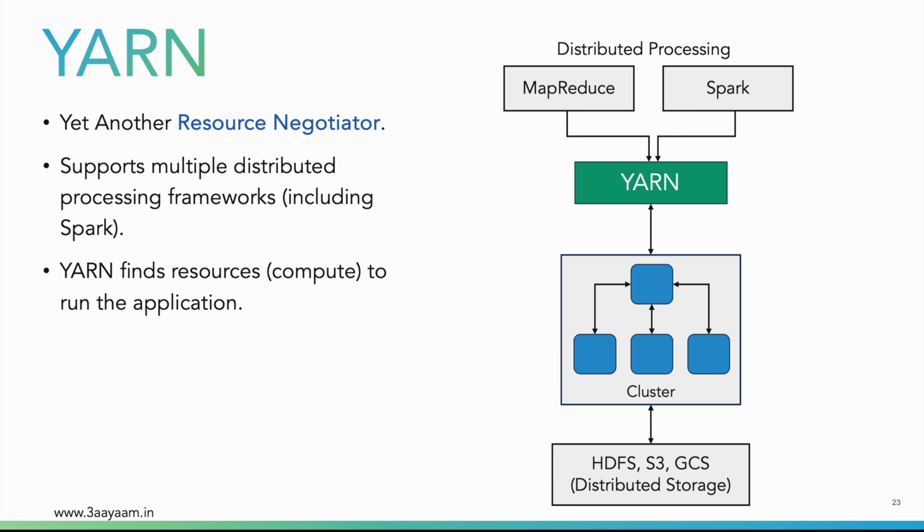Keeping YARN in a separate cluster can be plausible, but that has a little bit of overhead. The components of YARN, or the YARN software by itself, are installed in all the nodes of the cluster. So if we have one master node and, let's say, 20 compute nodes or follower nodes, then the YARN components would be installed in the master node and all the 20 compute nodes.